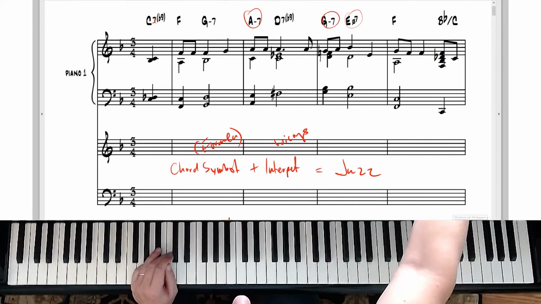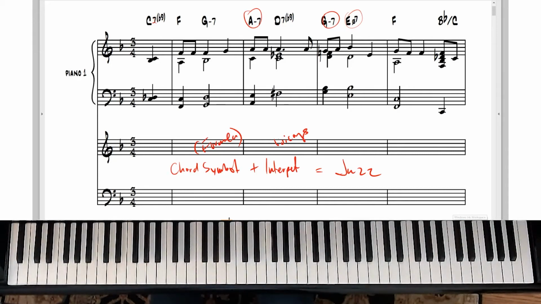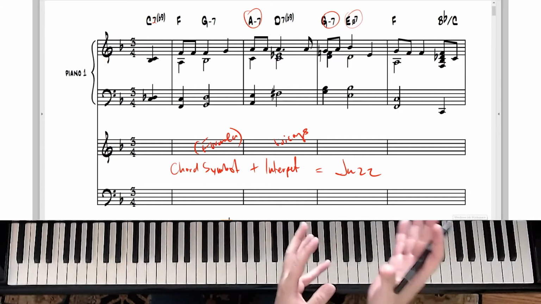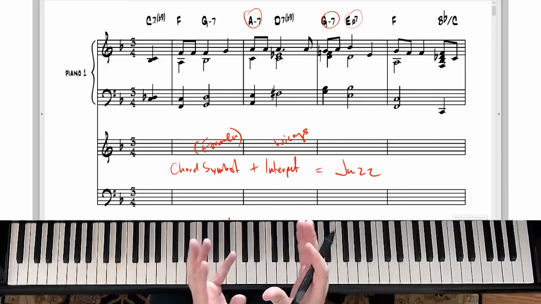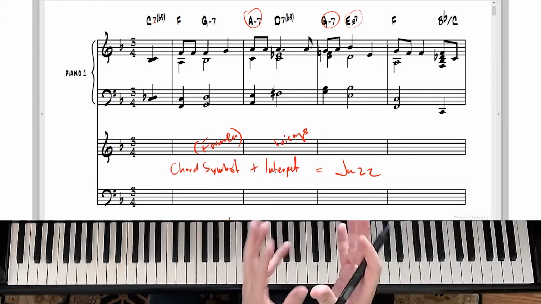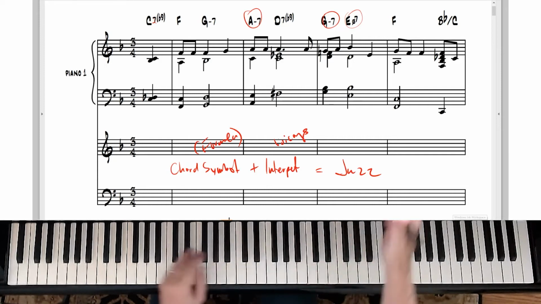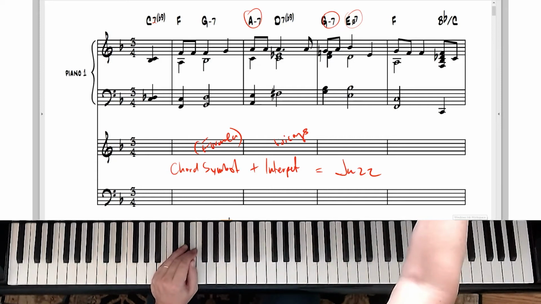This is diminished, we'll get to that in a moment. But essentially, there's the root of the chord, then the symbol, which is minor, or for major, no symbol, and then the next thing is a number. What is that number and what does it mean?